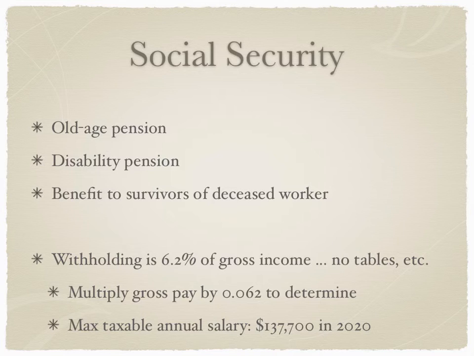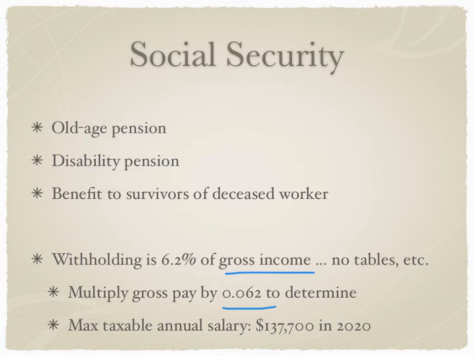Now, the way that we calculate the Social Security tax is pretty simple. We take the gross income and multiply it by 0.062, so that we are withholding 6.2% of the employee's gross income, and that is their Social Security tax. There is a little bit of a twist to this, though.